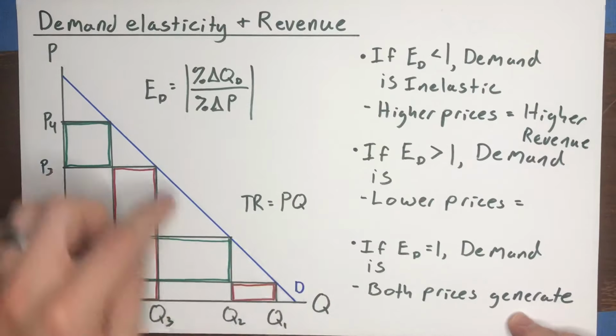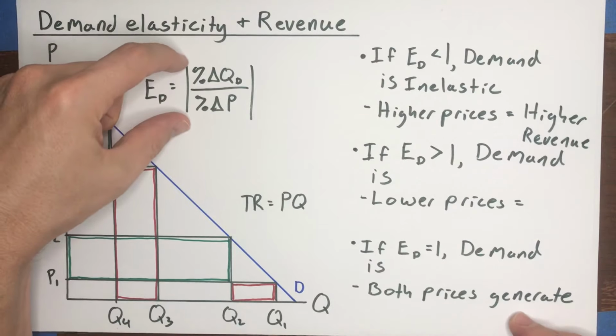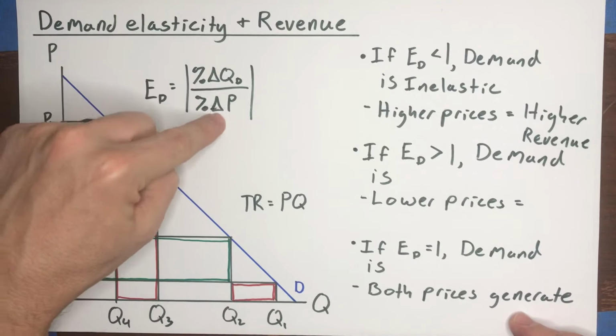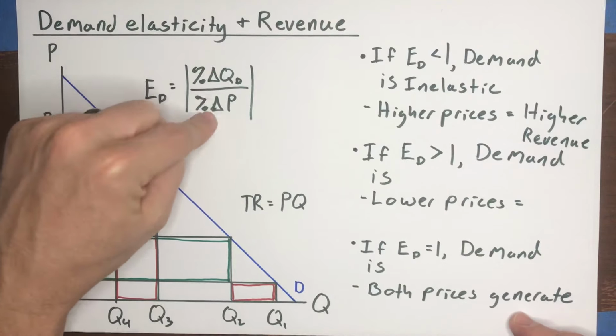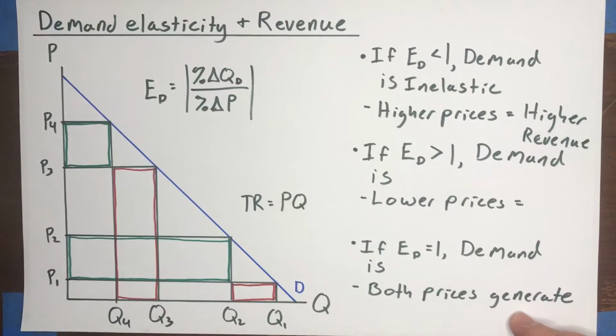Okay? That would be because if this calculation is less than 1, quantities are changing slower than prices are. So wherever the higher price is, that is going to dominate in terms of revenue, the lower price.